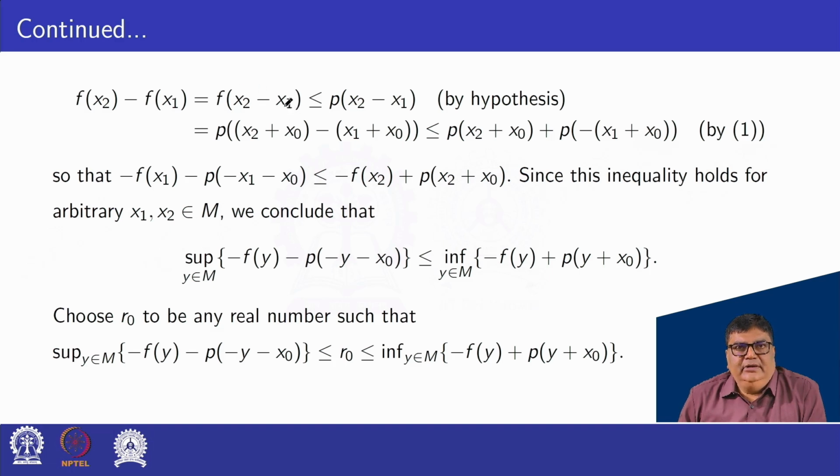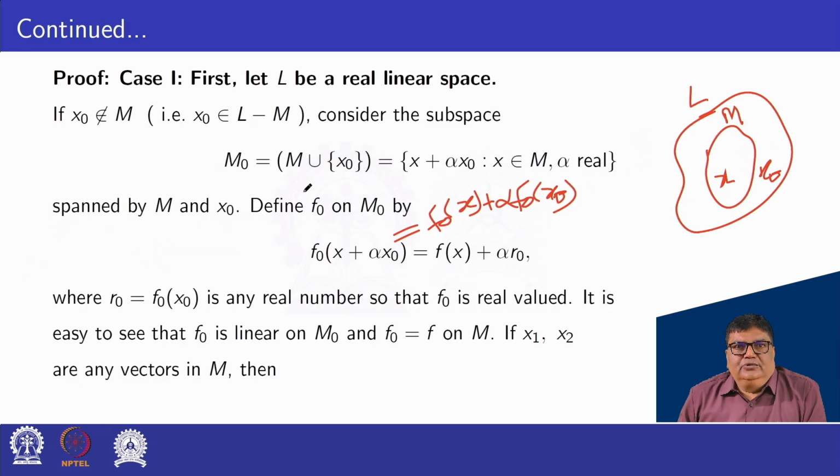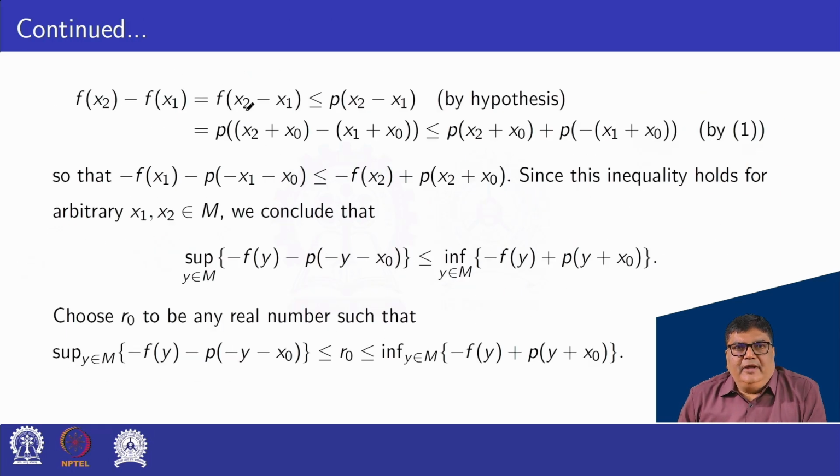Okay, we can write this because f is a real functional. As per the hypothesis of the theorem, f of x is less than or equal to p of x. So we can write f of x2 minus x1 less than or equal to p of x2 minus x1.